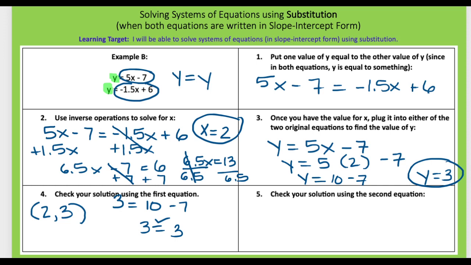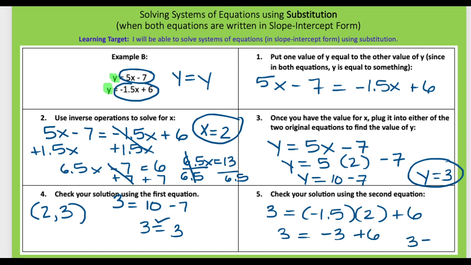So I'm going to replace the y with 3, and then multiply negative 1.5 times 2, and then add 6. Negative 1.5 times 2 is negative 3, and negative 3 plus 6 is positive 3. So that one also checks out.